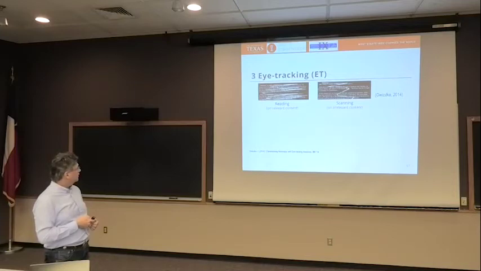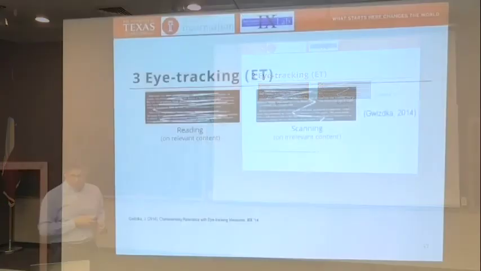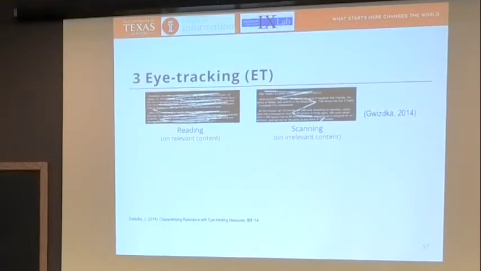You have already seen some of these images that people read differently depending on the degree of relevance. But behind this, what I'm using for processing eye tracking data here is a way of labeling eye fixations so that I can distinguish when people are reading in line continuously and when they're scanning.